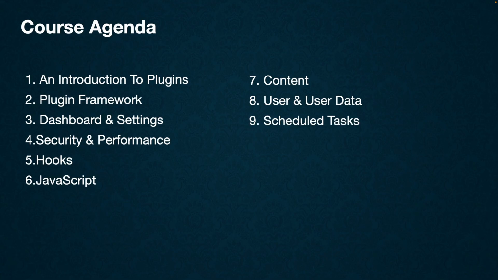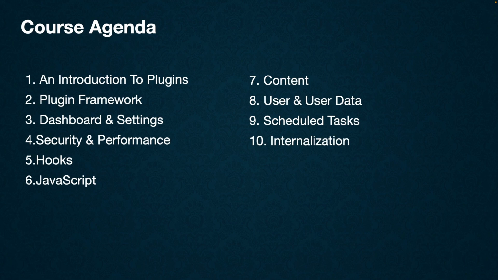Another most important part for WordPress is scheduled tasks. In this chapter we will see a lot of things: how to schedule any program, how to run it every day or hour or every month or year, a lot of stuff.